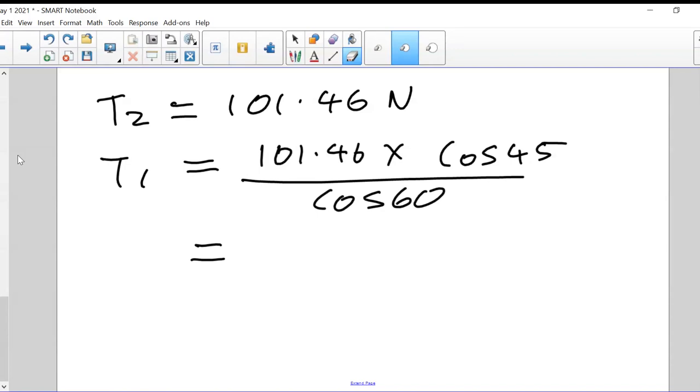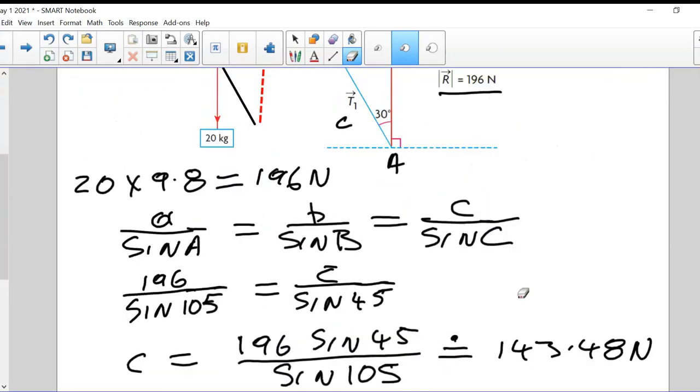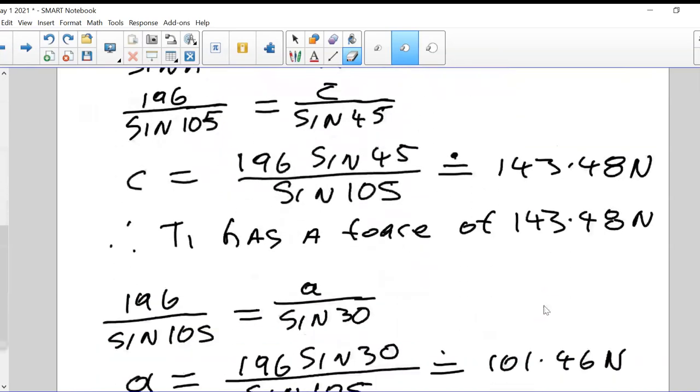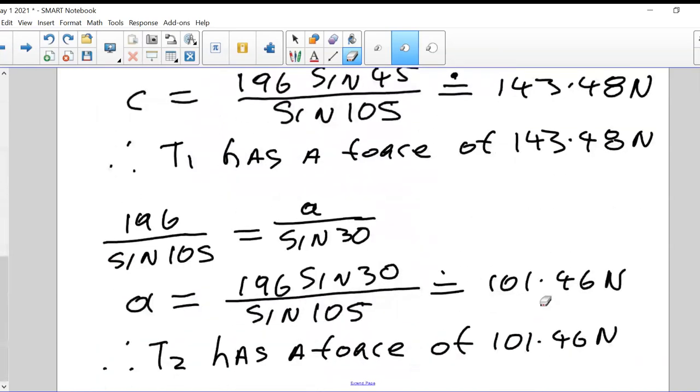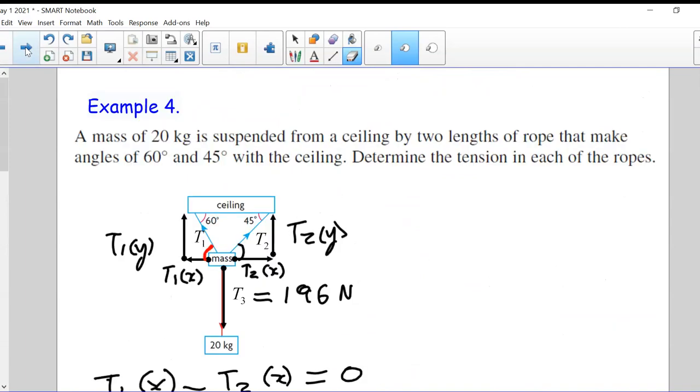So that answer, 143.49, I'm hearing. Now let's compare those answers to the answers that we had before. 143, well, 0.48, so close enough, and 101.46.